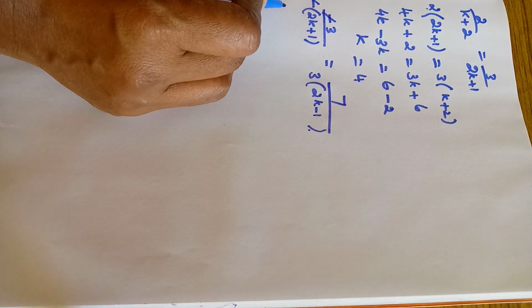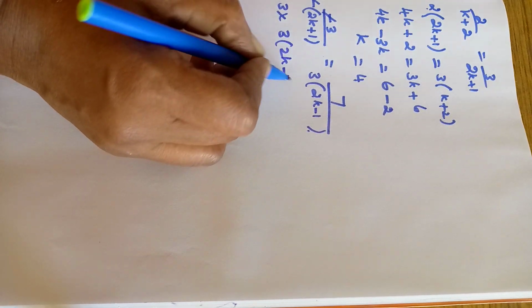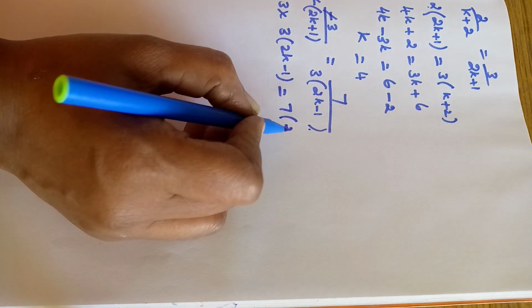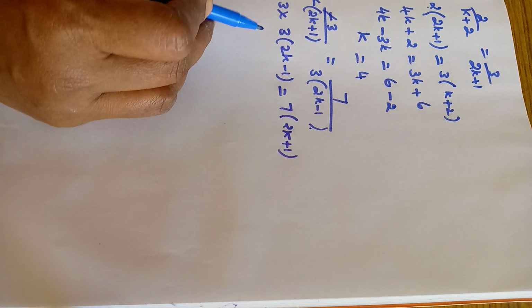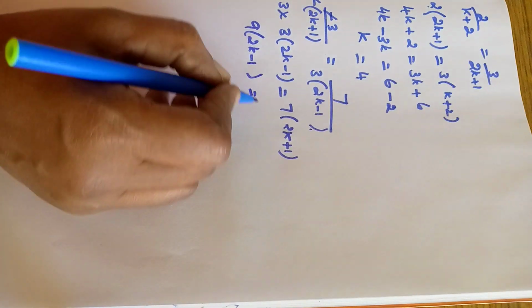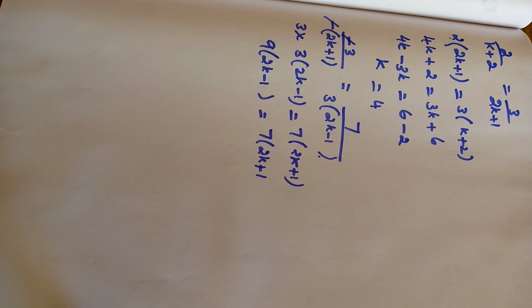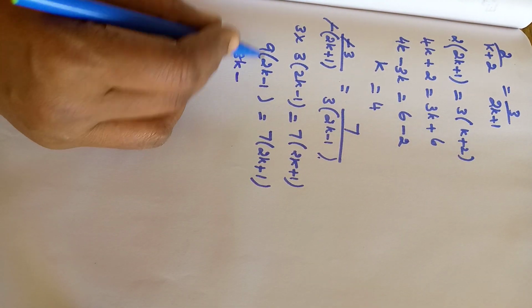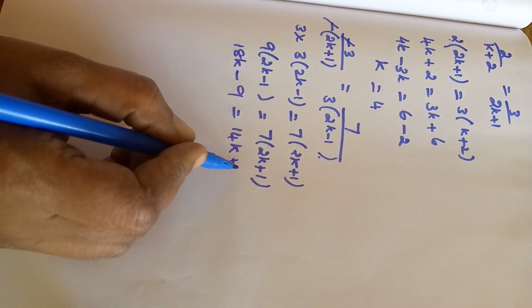Then cross multiply: 3 into (2k minus 1) is equal to 7 into (2k plus 1). That is 9 into (2k minus 1)... 18k minus 9 is equal to 14k plus 7.